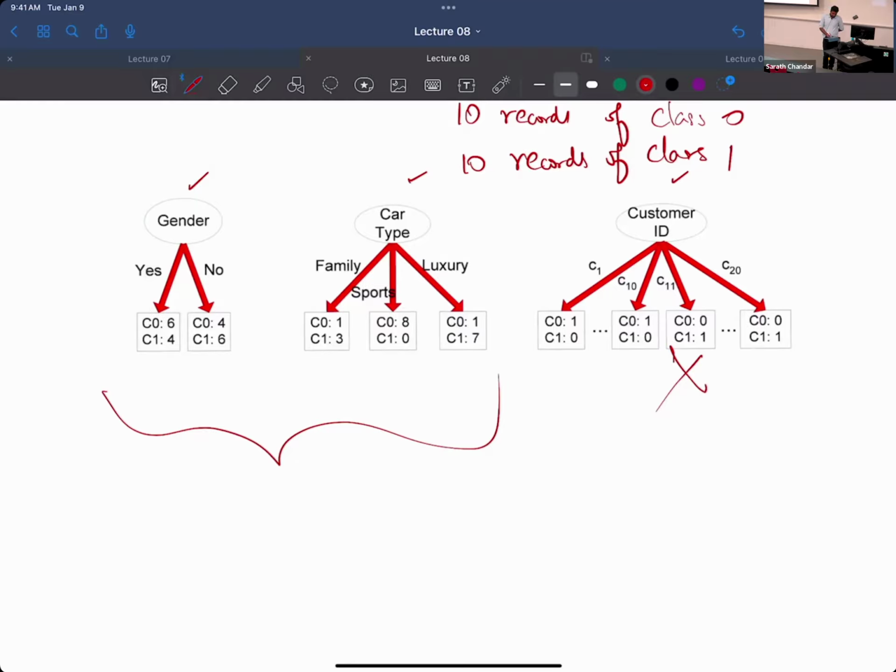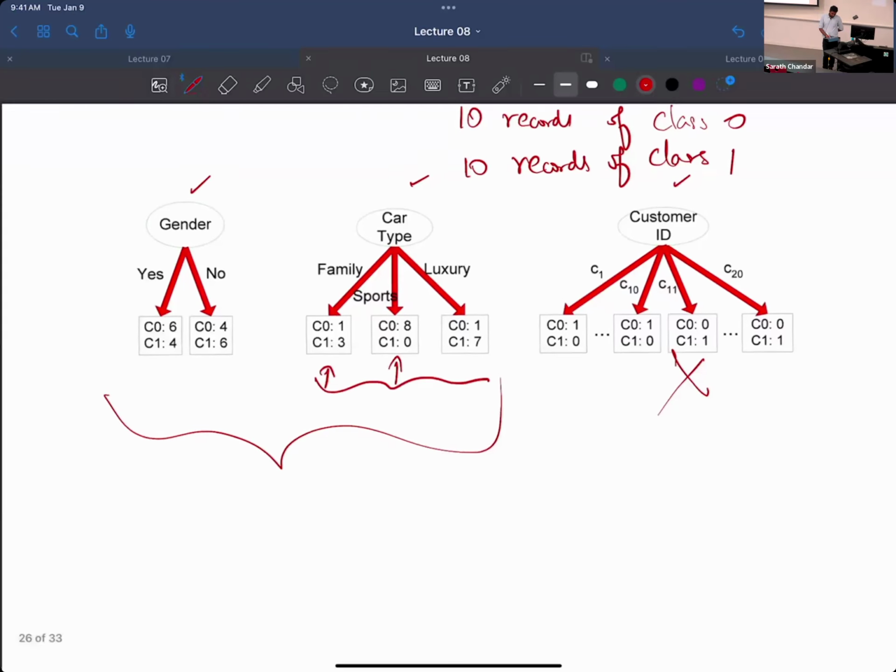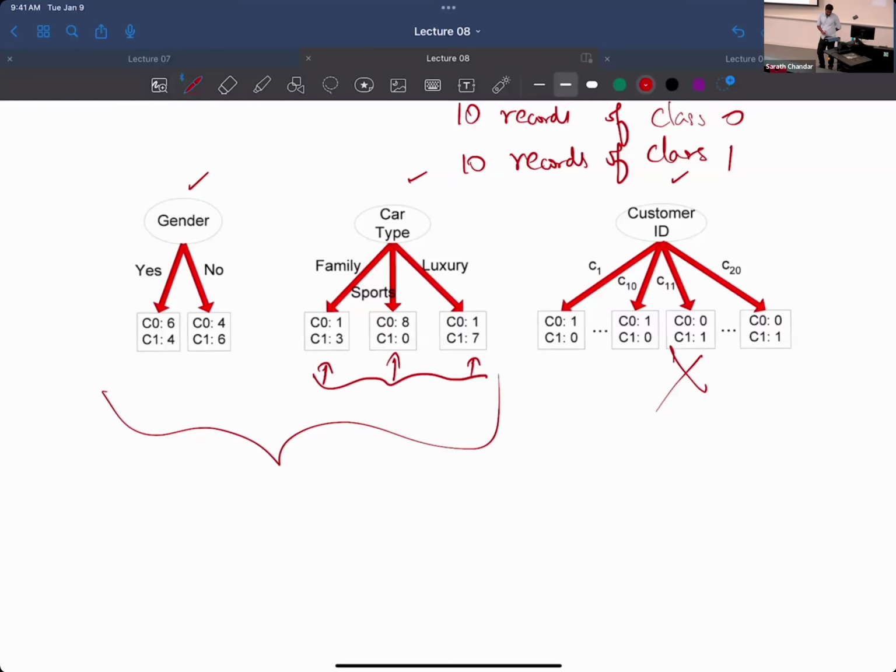However, when I use car type, you see that with sports car, it's 100% class 0. With family and luxury car, it's majority class 1, right? It's 1 out of 8 class 0, so it's almost all class 1.